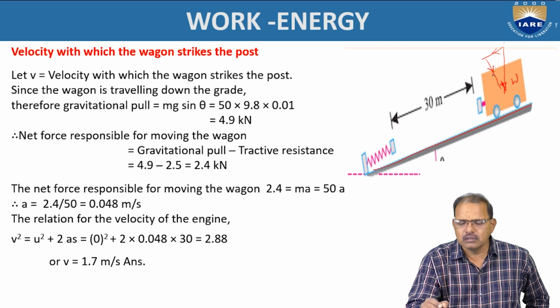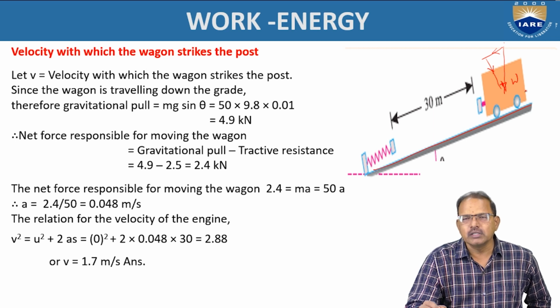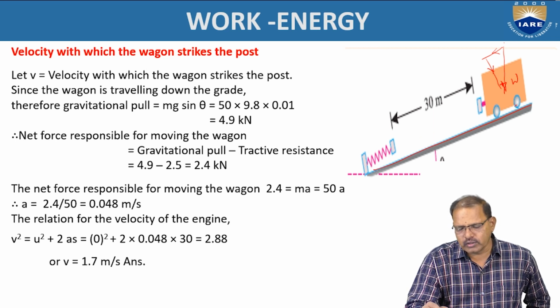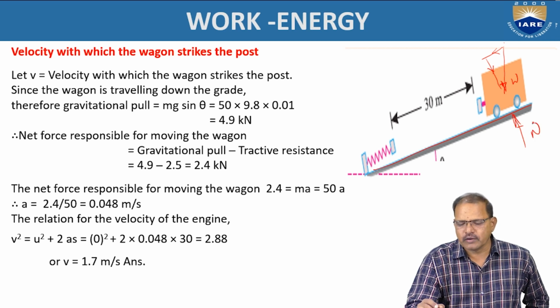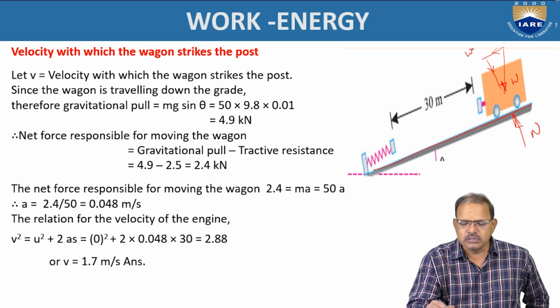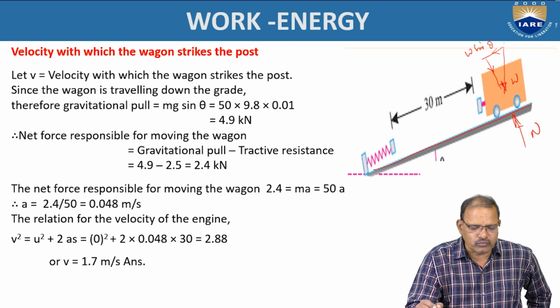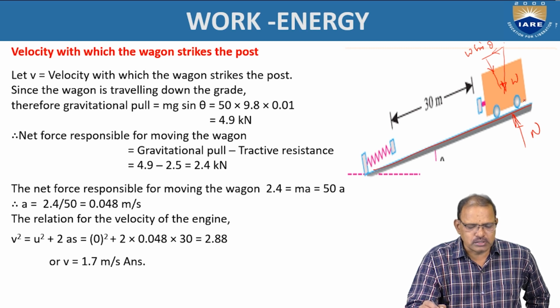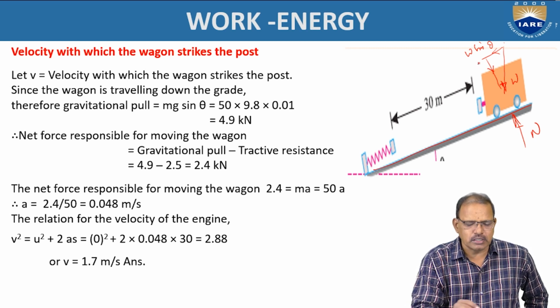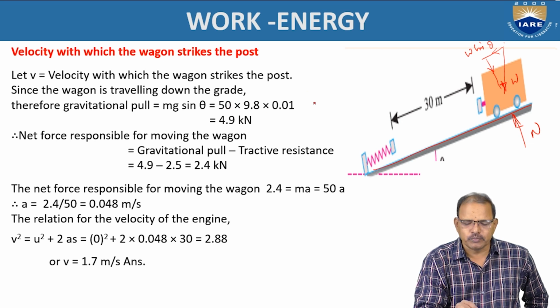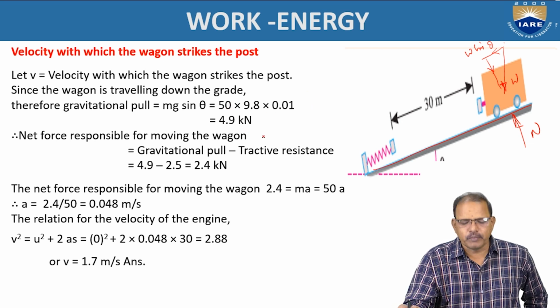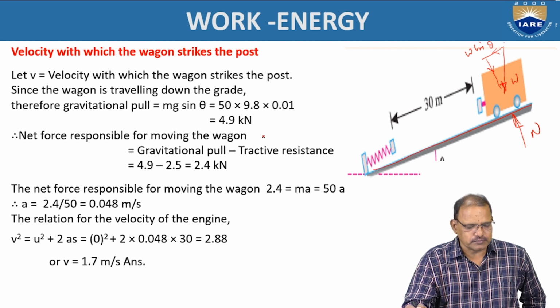One is acting perpendicular to the plane, which is balanced by the normal reaction offered by the surface. W sin theta always pulls the body in the downward direction, which is equal to mg sin theta. Here mg sin theta is equal to 50 into 9.8 into 0.01, which is equal to 4.9 kilonewtons.